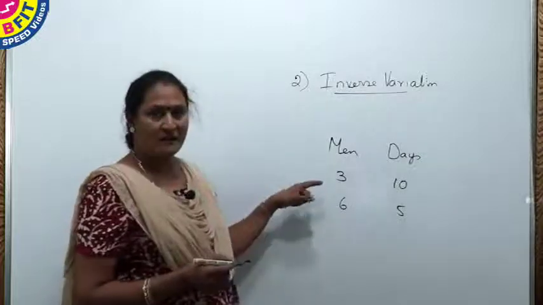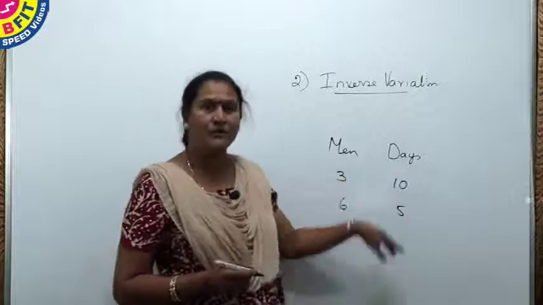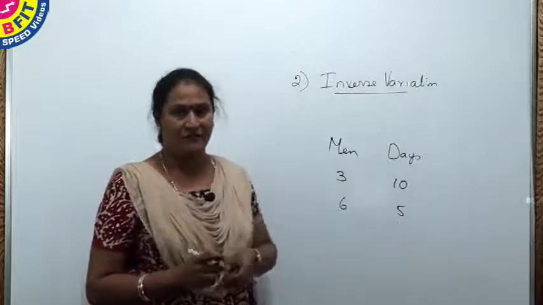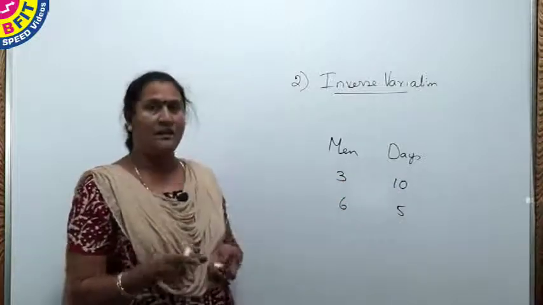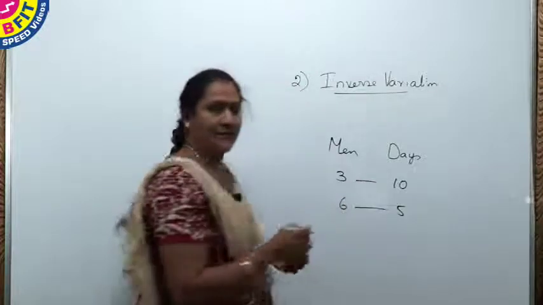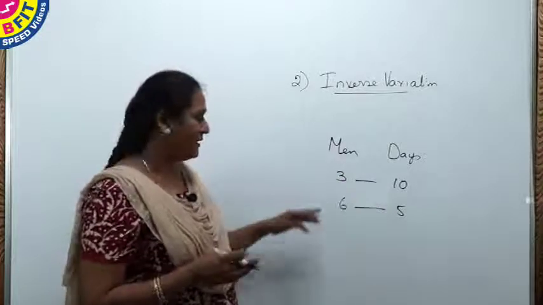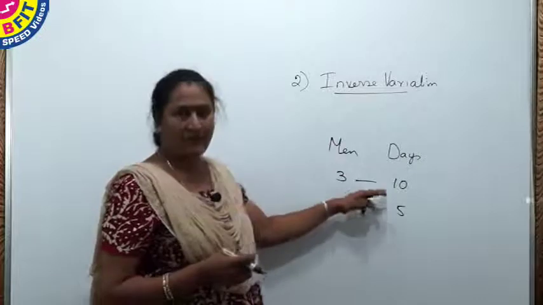Here men are in the ratio 1:2, and time taken will be in the ratio 2:1. So they vary inversely. Whenever you know that they vary inversely, the parallel products will be the same. Here 3 men, 10 days. For the same work, if the men are doubled, time taken will be half.